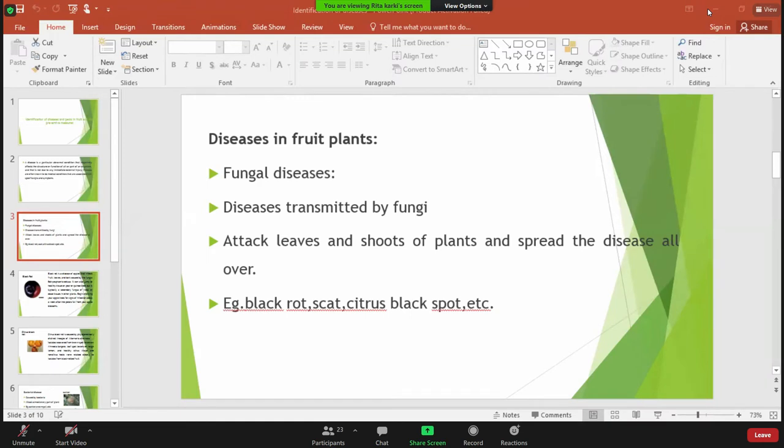So the first one present in the fruit plant is the fungal diseases. From the name itself, it is very, very clear. Fungal diseases are generally caused due to the fungal infection.